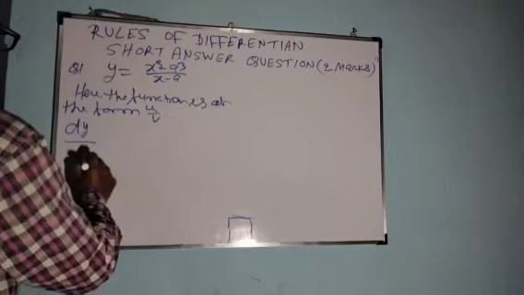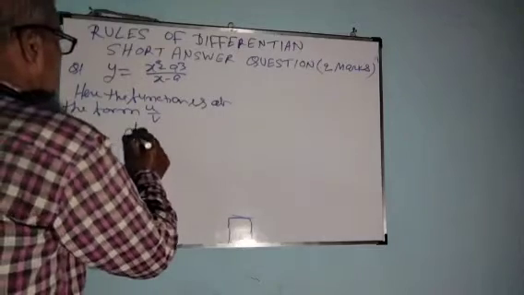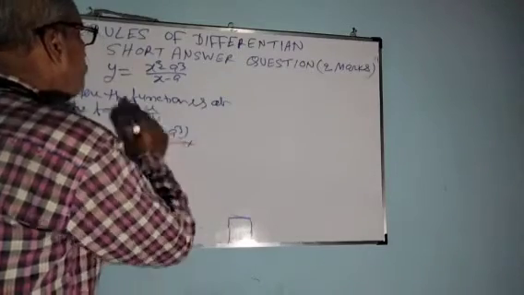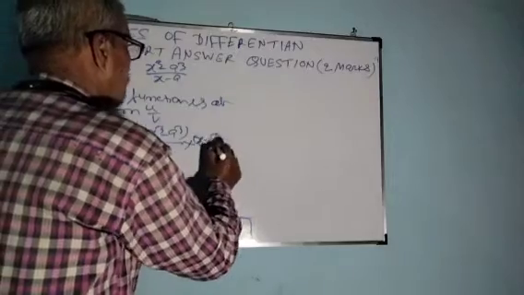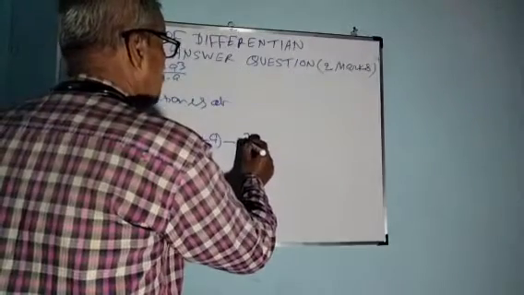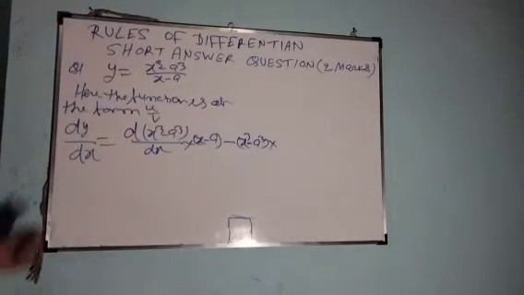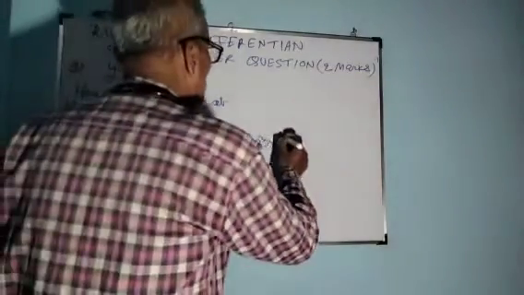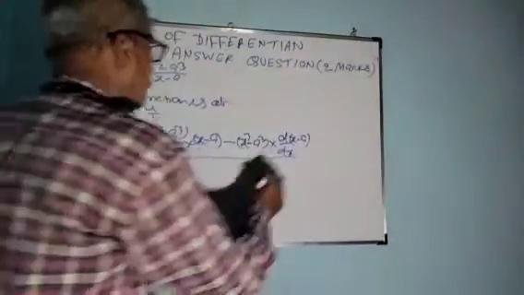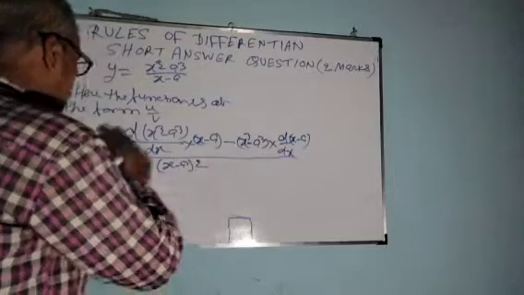dy by dx is equal to DC of numerator, d by dx of (x cube minus a cube), into denominator (x minus a), minus numerator (x cube minus a cube) into DC of denominator, that is d by dx of (x minus a), by square of denominator.